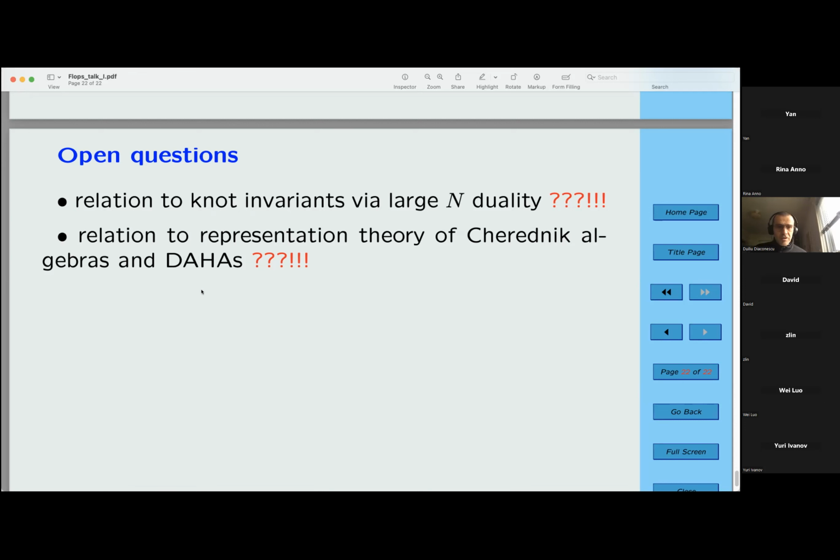Possibly, I don't know. But the connection to knot invariants seems to be mysterious at this point.